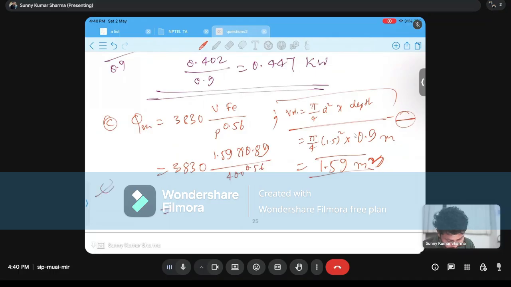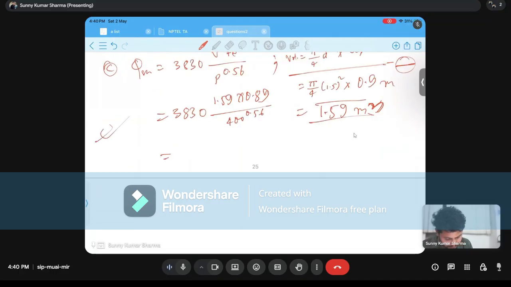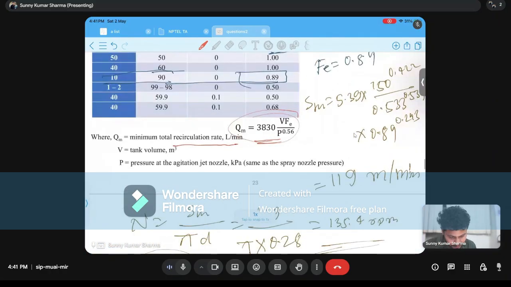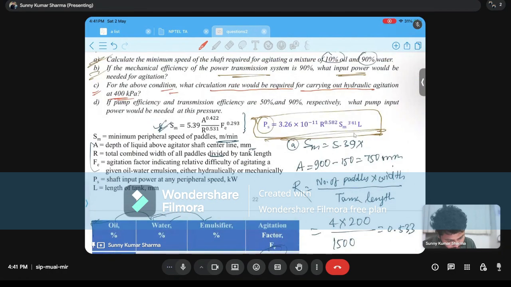You do this calculation and you will get the answer approximately as 107.07 liter per minute. So this is the minimum total recirculation rate that would be required for carrying out this hydraulic agitation.